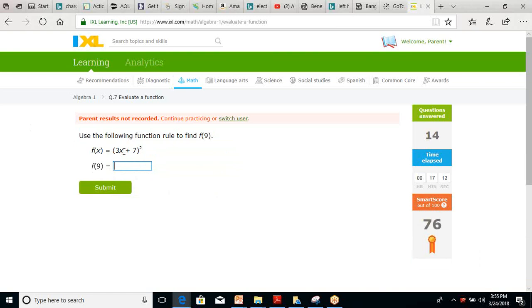So this would be 3 nines, 27, plus 7, 27 plus 7 is 34. 34 squared, what's the square of that? 1156. So that's 1156. Yes.